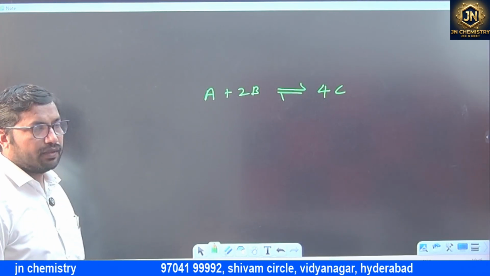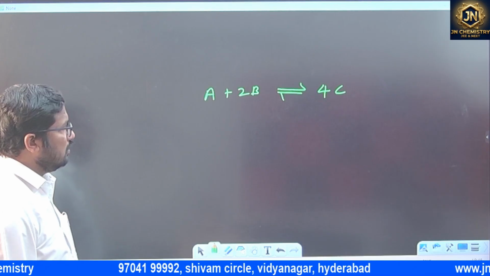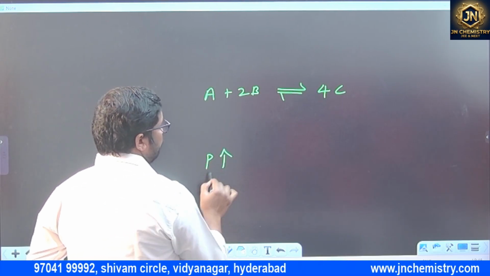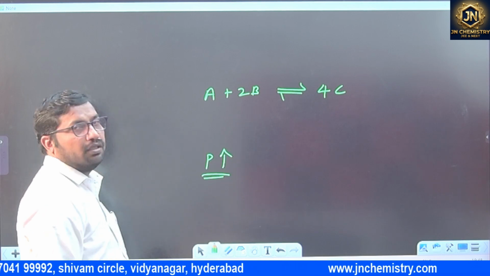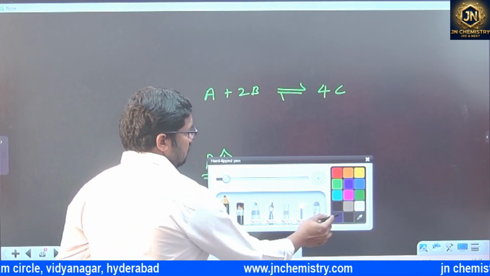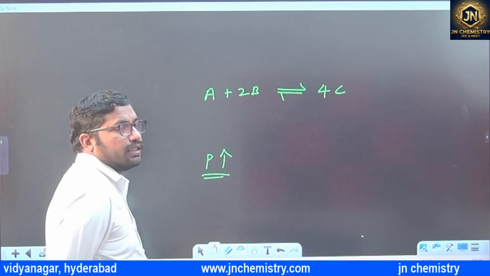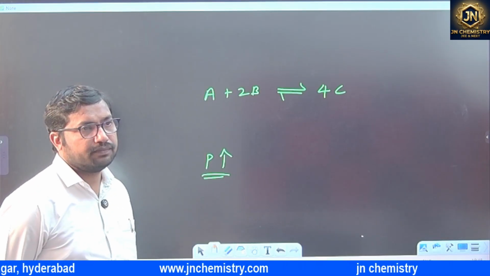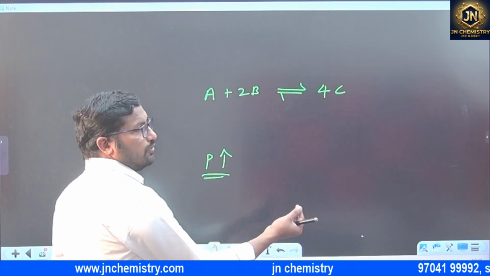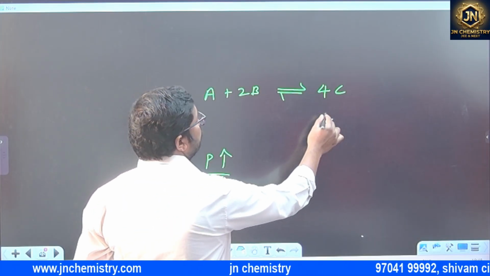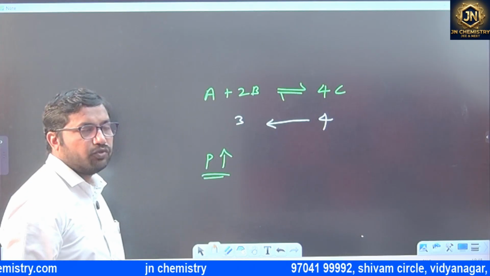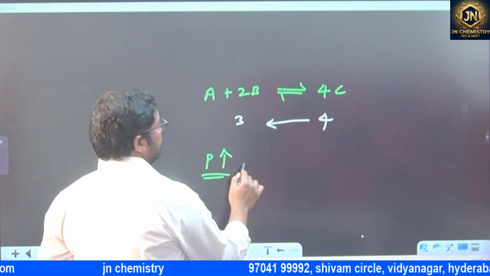If I am increasing the pressure, does the forward reaction take place or the backward? Backward. More number of moles to less number of moles. 4 moles in this case, 3 moles. Backward reaction takes place.